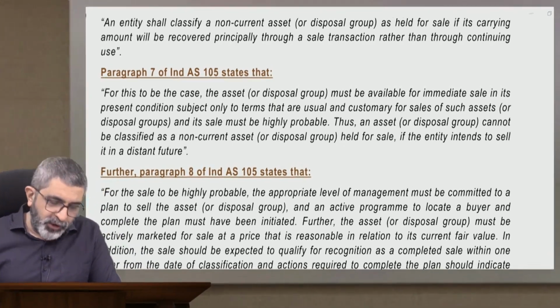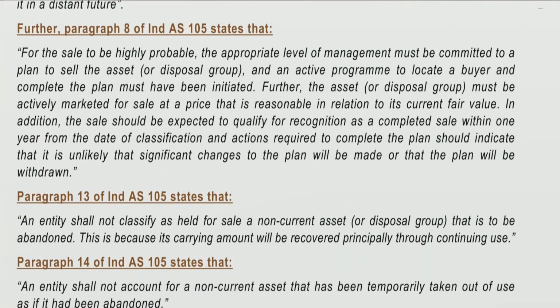Anyway, reading it further. Now what does paragraph 8 say? For sale to be highly probable. Now this is the condition given for sale to be highly probable. So basically these conditions I need not even read for you. You know these conditions, you would have learned them under Ind AS 105.